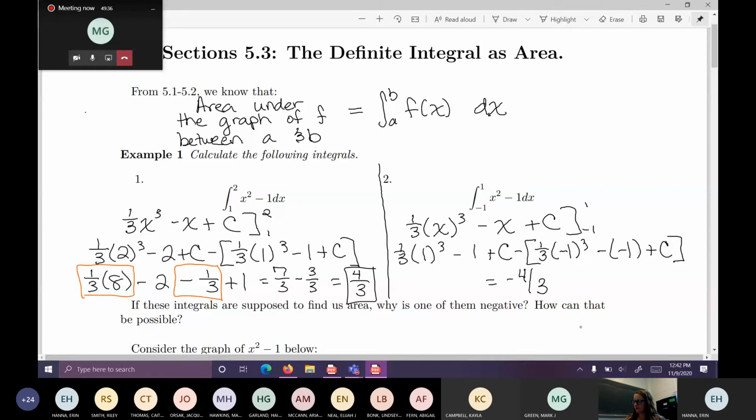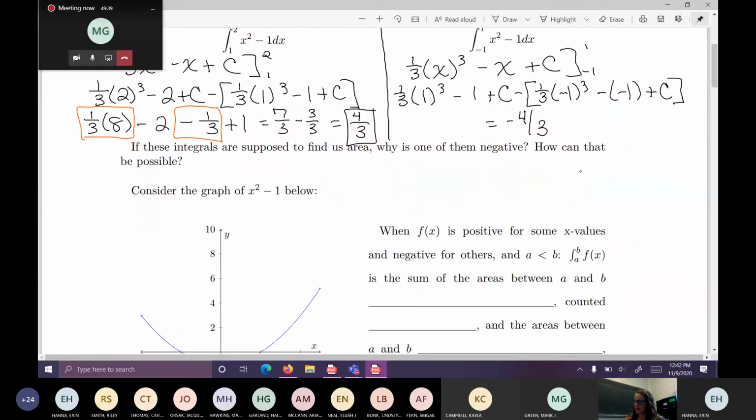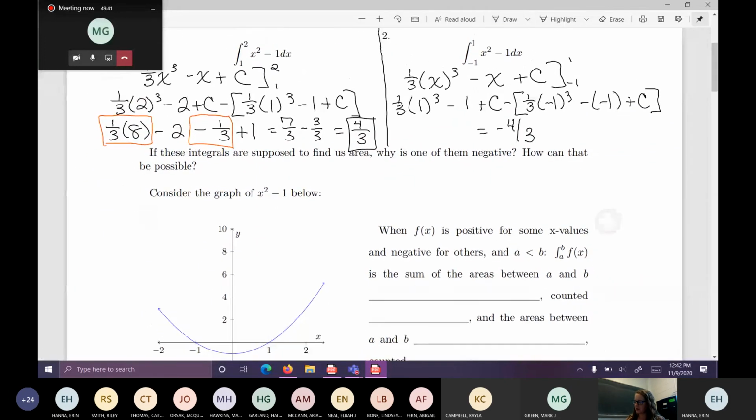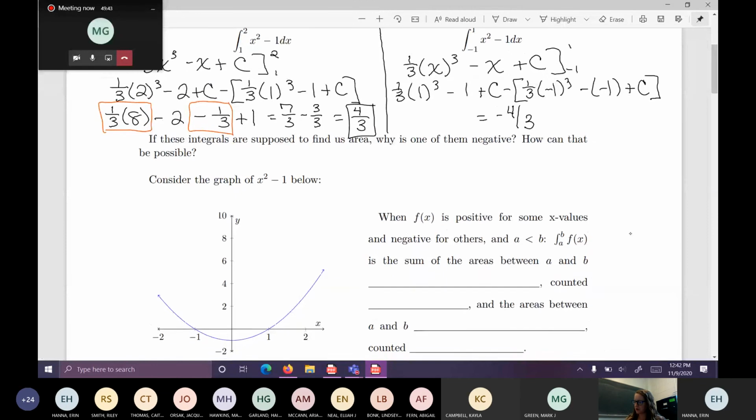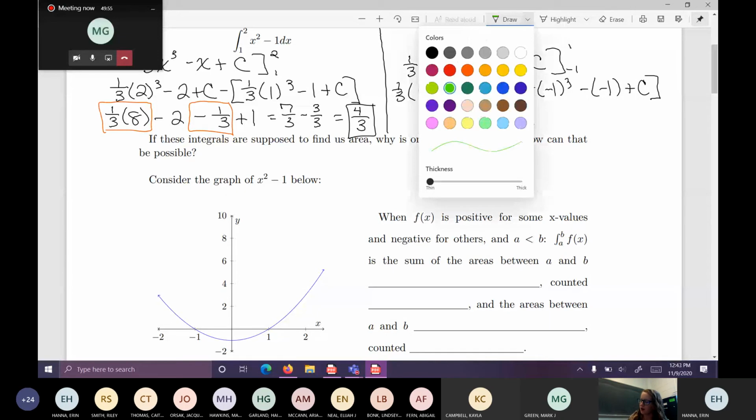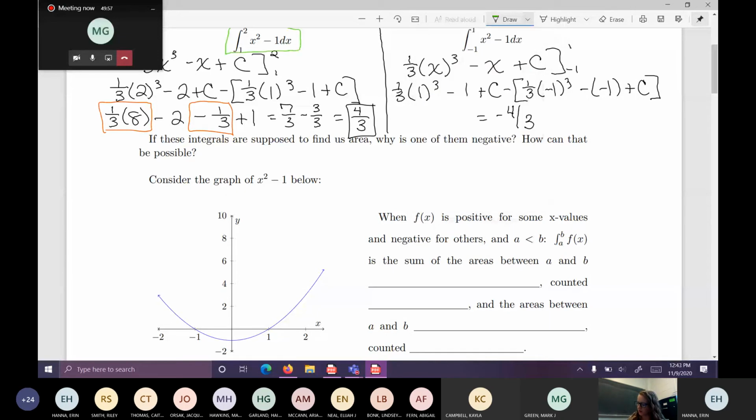So let me try to keep a little bit of that in there and zoom out maybe a little bit. There we go. So let's try to consider that in terms of these integrals on the graph, x squared minus 1. If we think about the first integral we were doing, the 1 to 2, well, that would be from here to here.